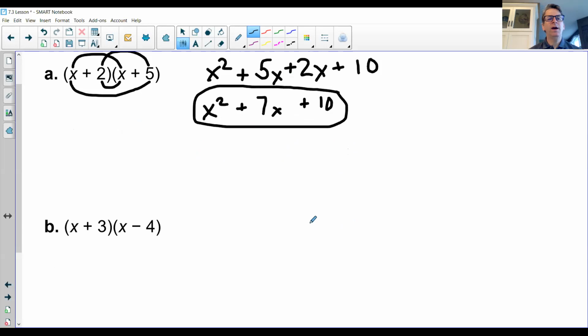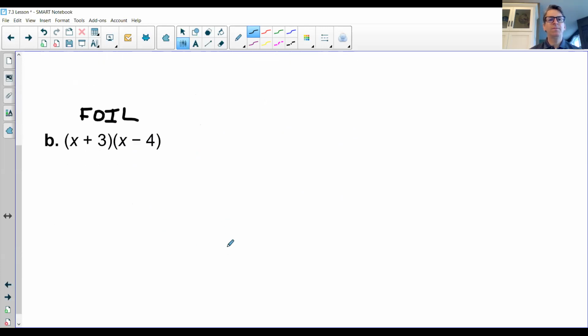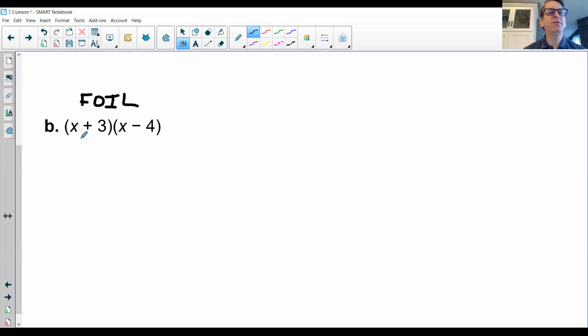Now, let's go on to B here. This one has a little -4, so we have to make sure that we do not forget the negative, all right? Again, I'll just put FOIL down to help me out. First times first: you have the x times the x, or x squared. The first term of the first binomial times the first term of the second binomial, x squared.